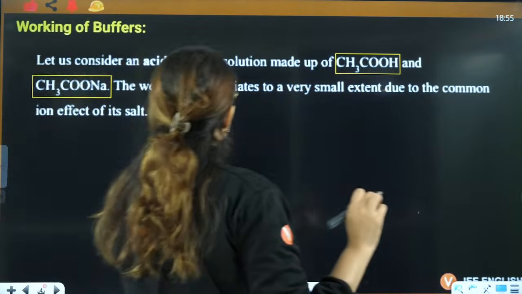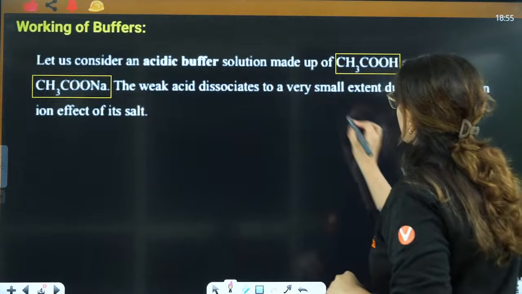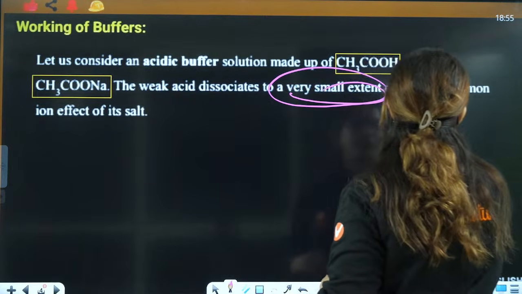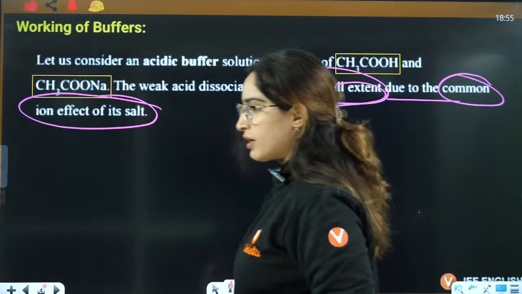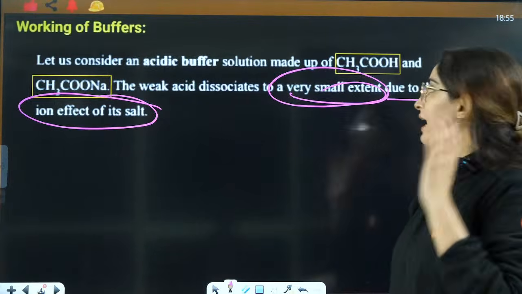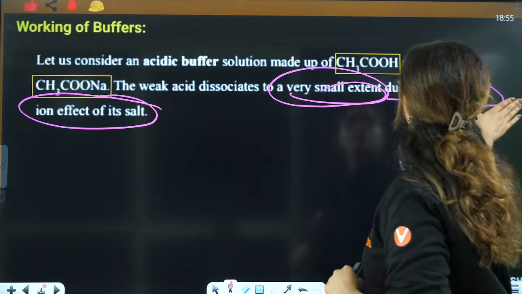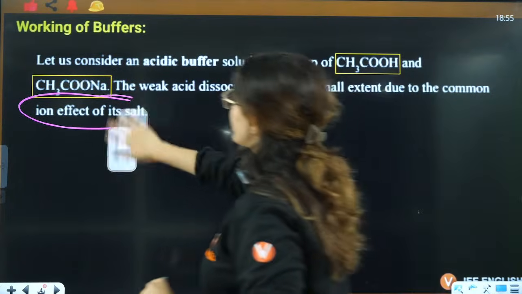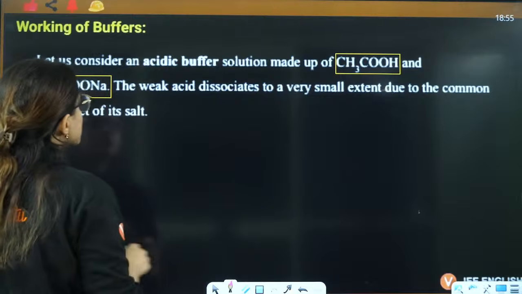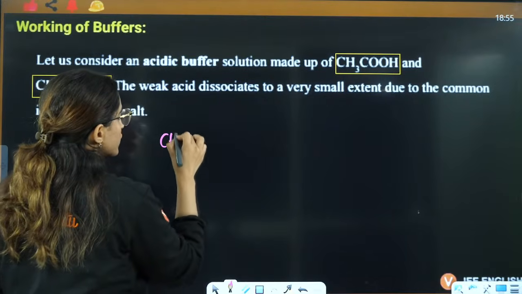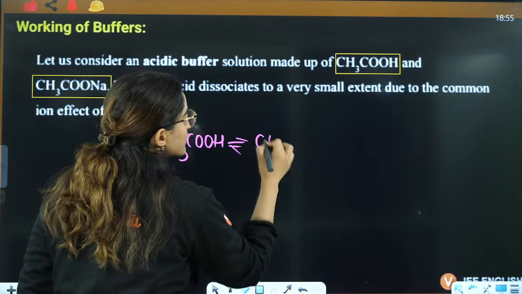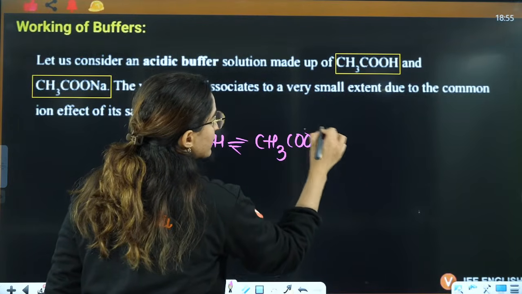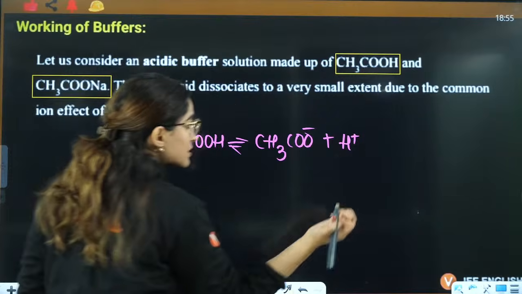The weak acid dissociates to very small extent due to common ion effect of its salt. Now we are saying weak acid dissociates to very small extent. Now what is exactly there? If you see this, this is having two dissociations. CH3COOH dissociates to CH3COO negative plus H positive, isn't it?